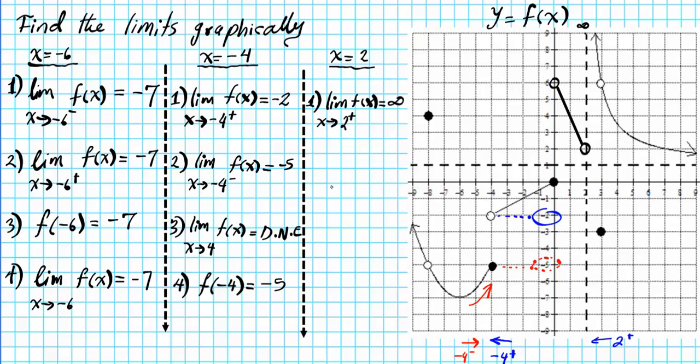Now, what is the left-handed limit? The limit as x approaches 2 from the left of the function. As you're approaching 2 from the left, we're looking at this function right here. You want to ask yourself, what are we approaching?